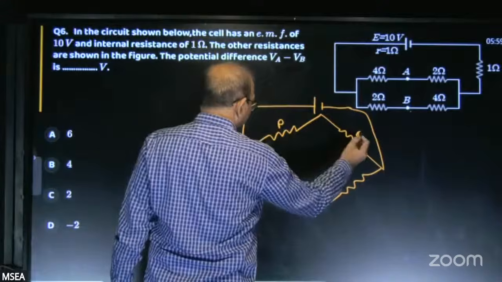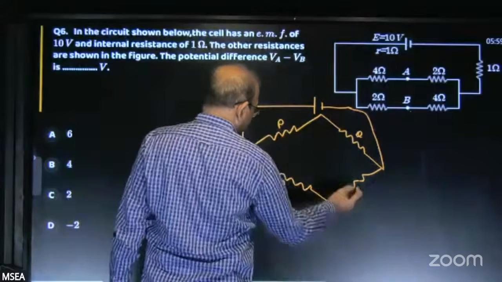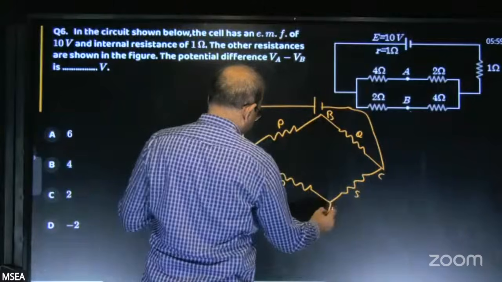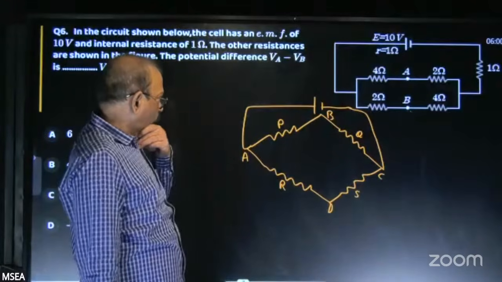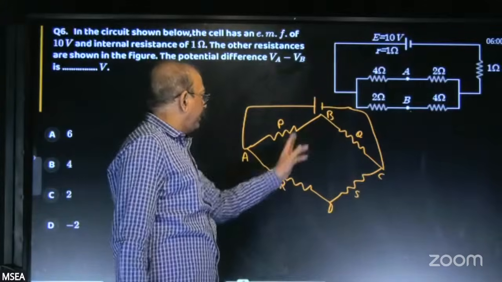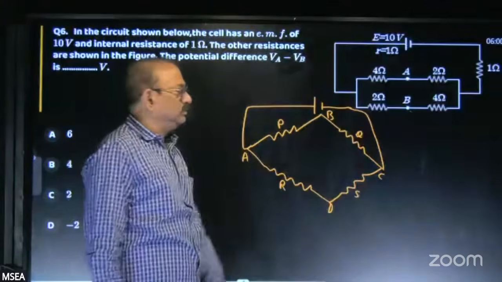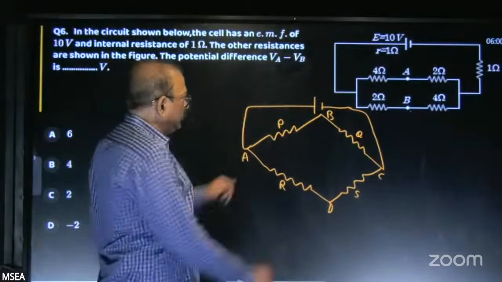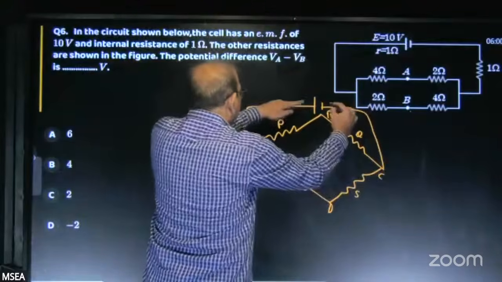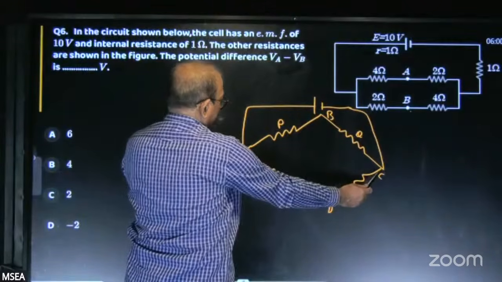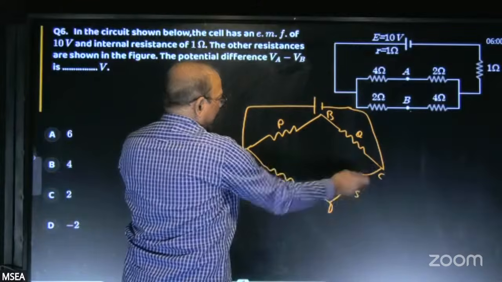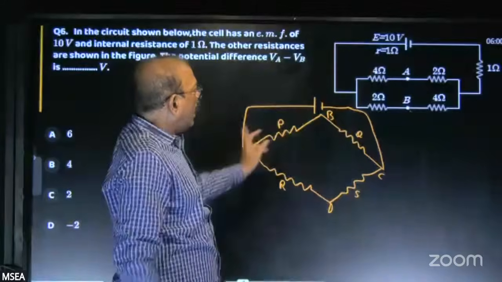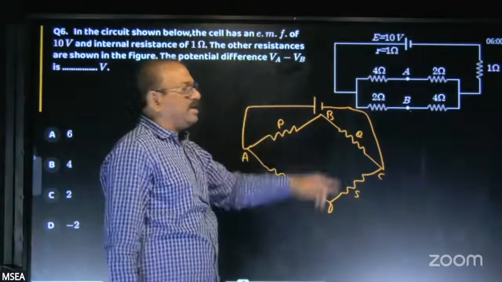P, Q, R, S resistors. A, B, C, D. 4 resistors are connected to form 4 junctions. See where the battery is connected? Battery connected between 2 opposite junctions, either AC or BD, any one pair of opposite junctions. Between them the battery is connected.